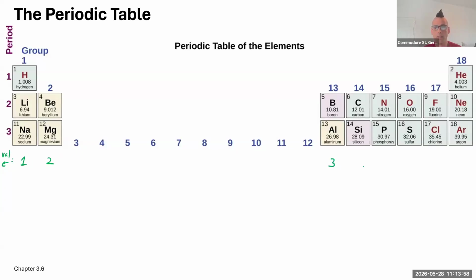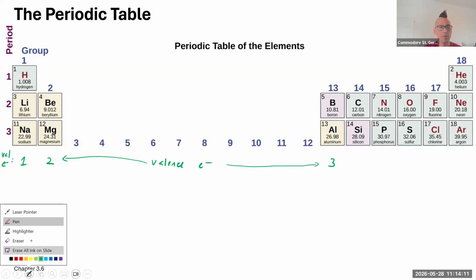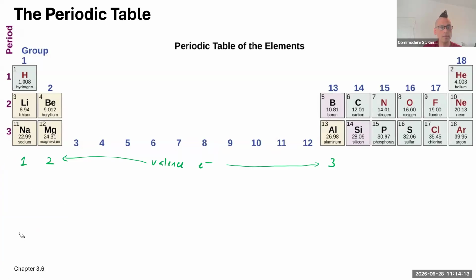Boron was three valence. So let's just put it here, valence electrons, on both sides, I guess. We'll scrap this because it's a little squished over there. All right, so valence electrons, this one is going to have four, five, six, seven, and eight.